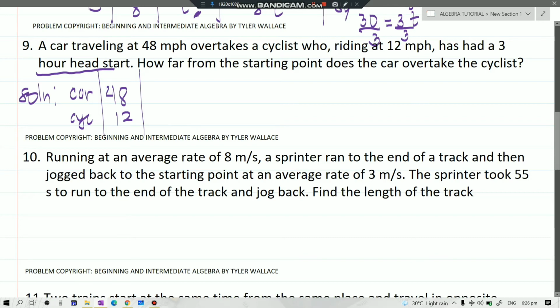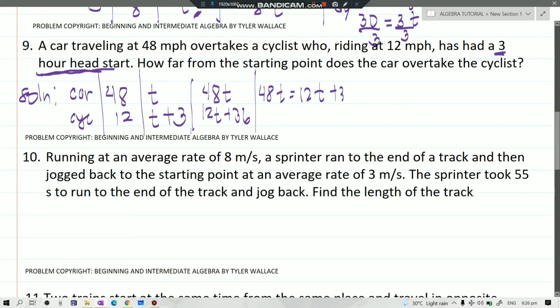And we have the time of, since may sabi sa problem na 3-hour head start, so, that is T and T plus 3. Okay? And also, for the total distance, that is 48T and 12t plus 36. So, equate 48t is equals to 12t plus 36.